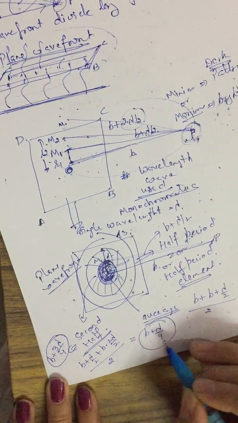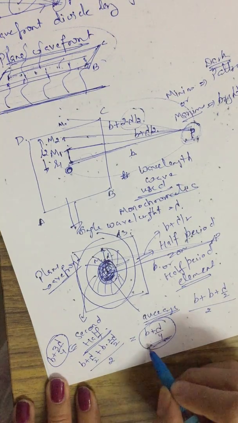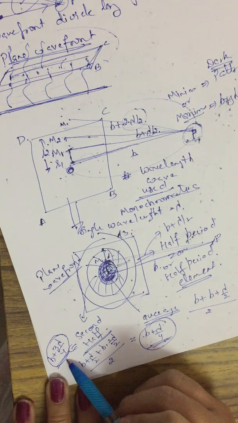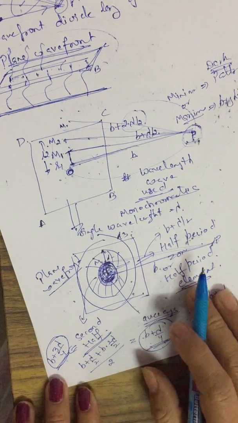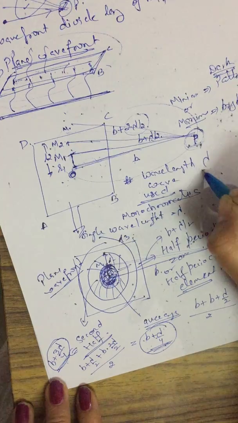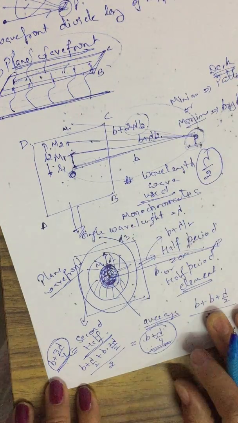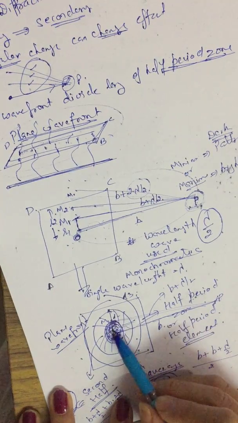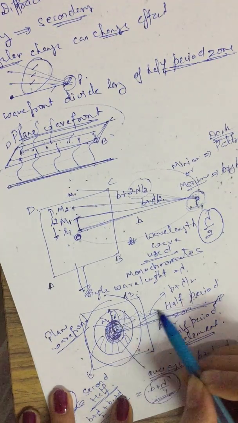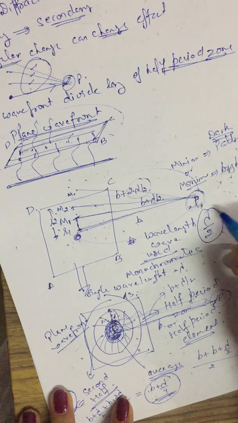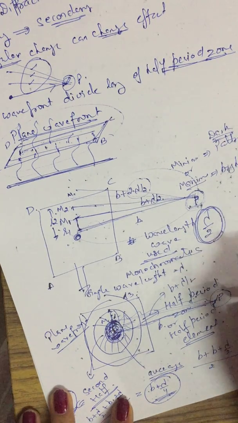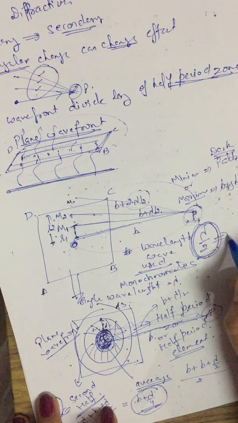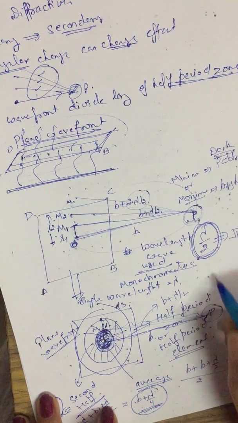If we compare these two average distances, b plus lambda by 4 and b plus 3 lambda by 4, there is a difference of lambda by 2. It means if a wave is coming from the first half zone and a wave is coming from the second half zone, there is a path difference of lambda by 2, or you can say that there is a phase difference of pi.